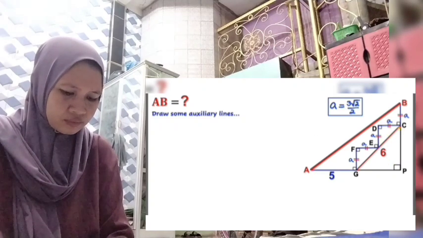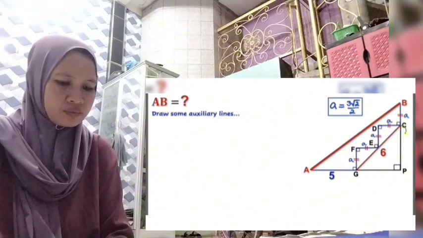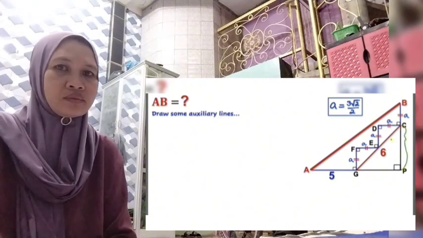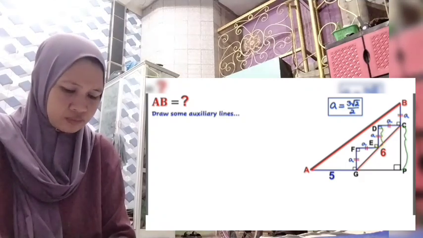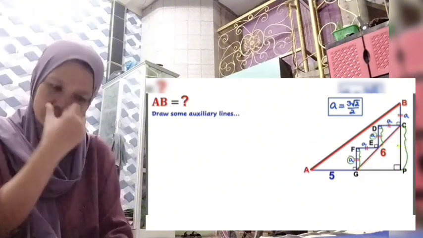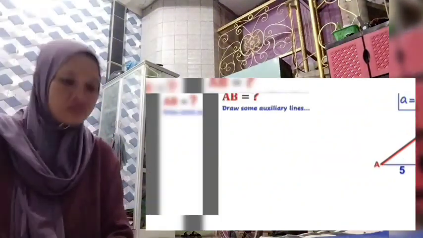And now let's make an observation. We can see that this whole segment CP is going to be equal to the sum of these two individual segments, lowercase a and lowercase a as well. So therefore this segment has got to be 2 times a.